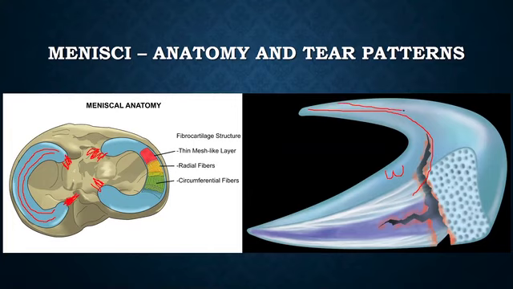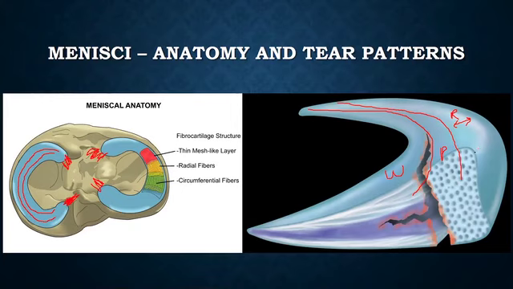The middle aspect is referred to as the pink zone, or sometimes the red-white zone, which has some limited blood supply. And the peripheral 3 to 4 millimeters of the meniscus is referred to as the red zone.